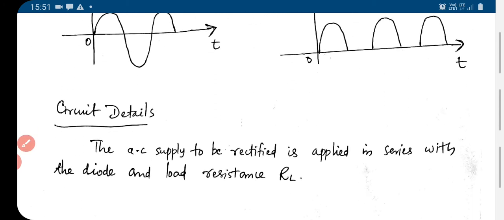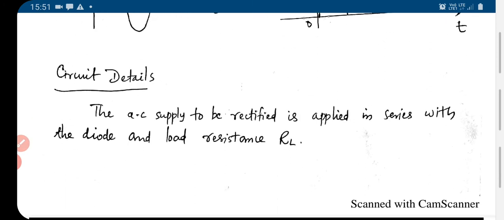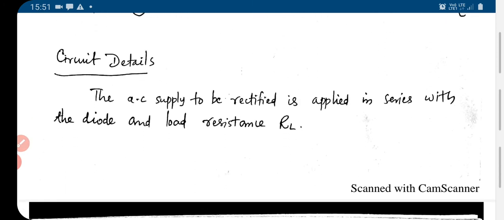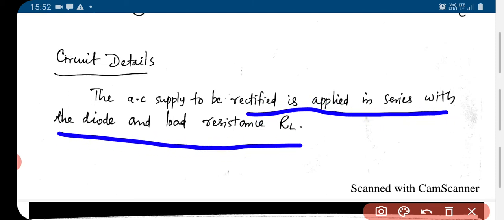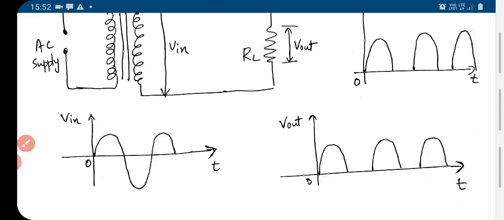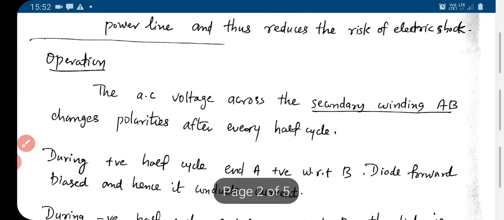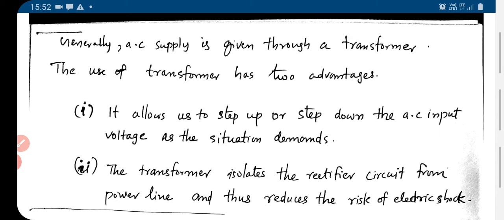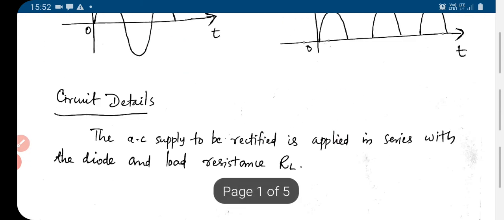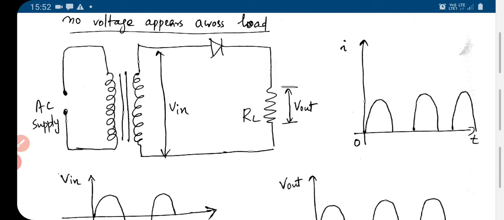So what are the circuit details? A simple thing: the AC supply to be rectified is applied in series with the diode and load resistance RL. Now we see the AC supply is given through a transformer.